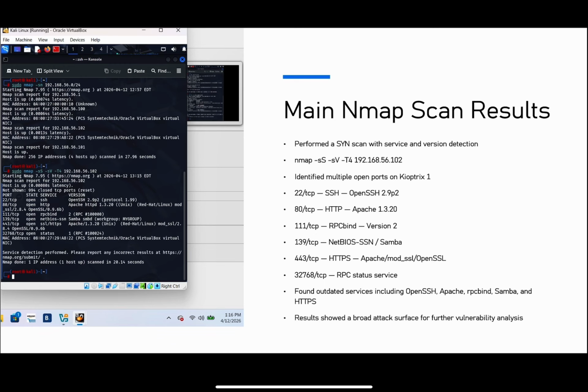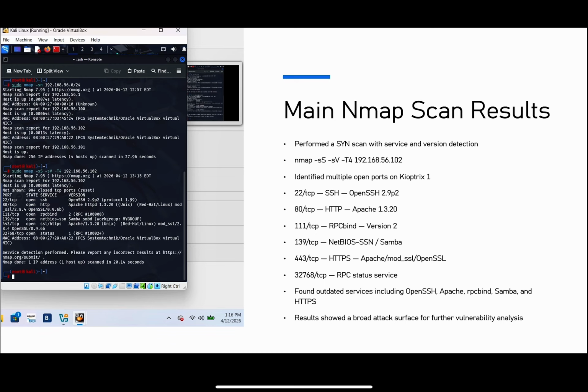Port 111 was running RPCbind. Port 139 was running Samba. Port 443 was running HTTPS with Apache mod_ssl and OpenSSL, and port 32768 was running the RPC status service.